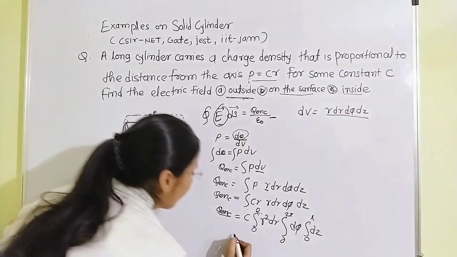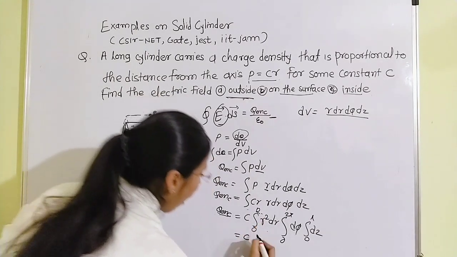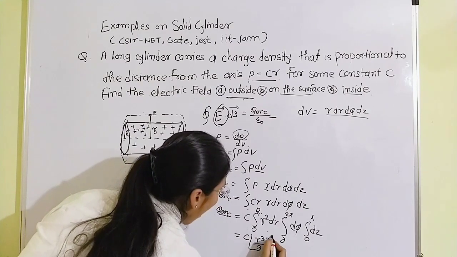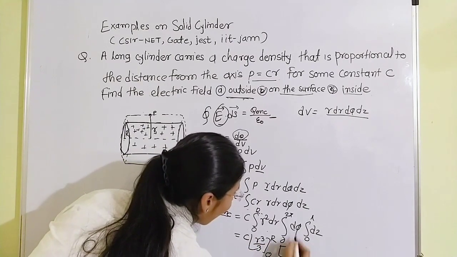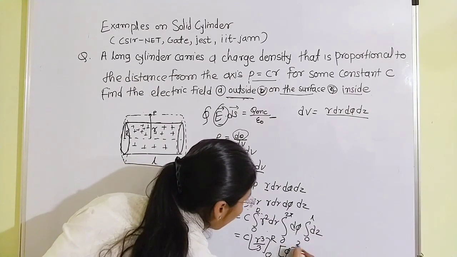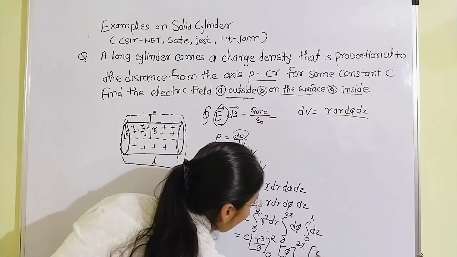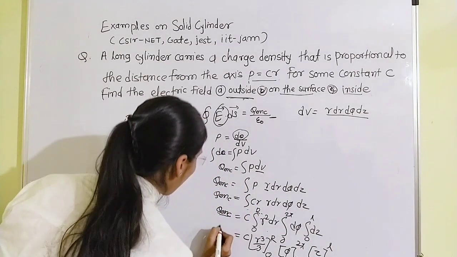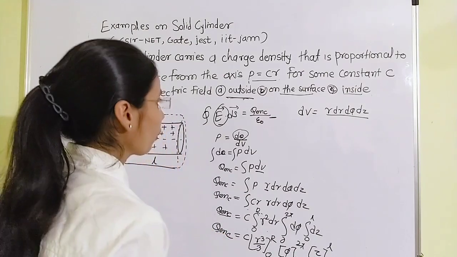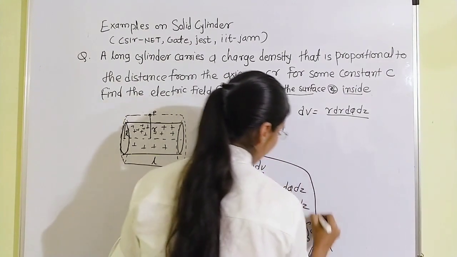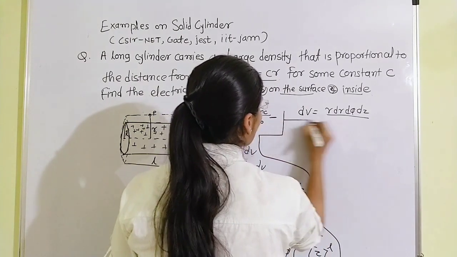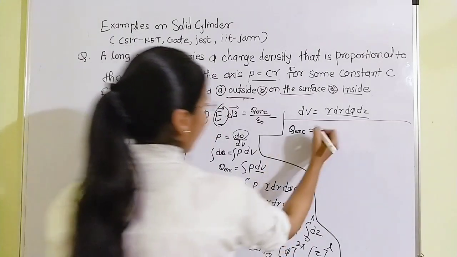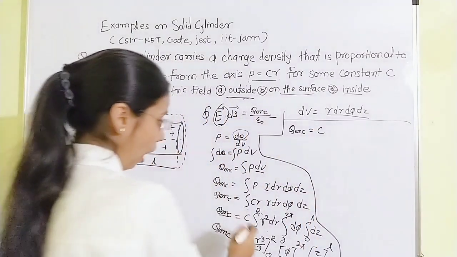So this is C, this is r cube by 3, limit 0 to R, this is phi, limit 0 to 2 pi, and this is z, limit 0 to L. So here q enclosed is equal to C, the constant, and R cube.